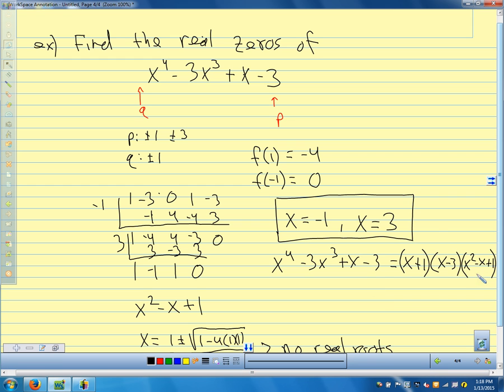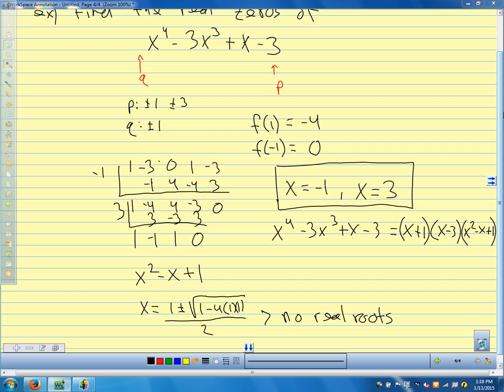So that would be the factorization of this polynomial. So we found our real roots, we found our factorization.